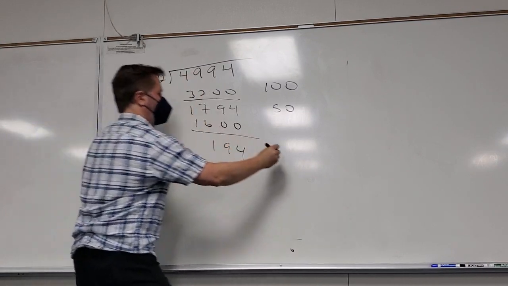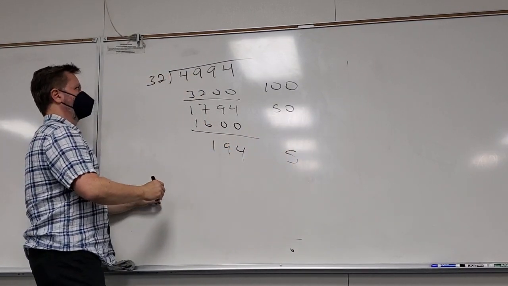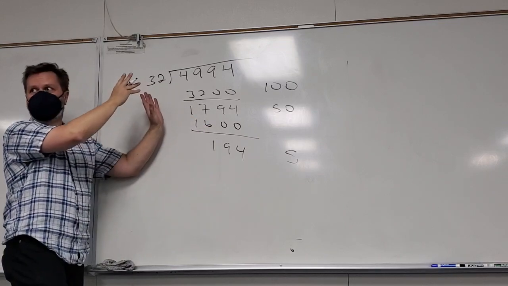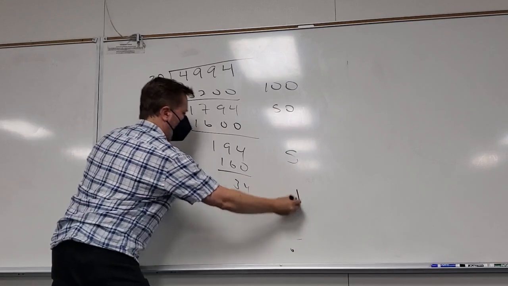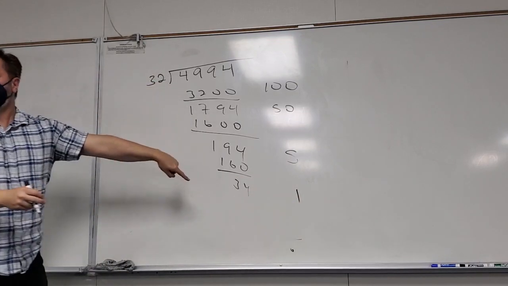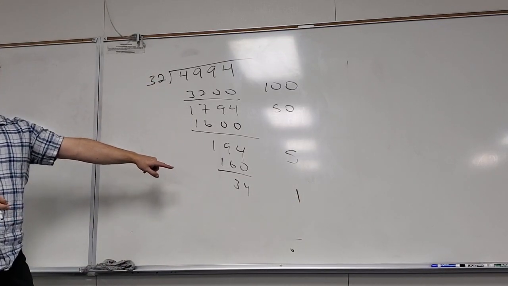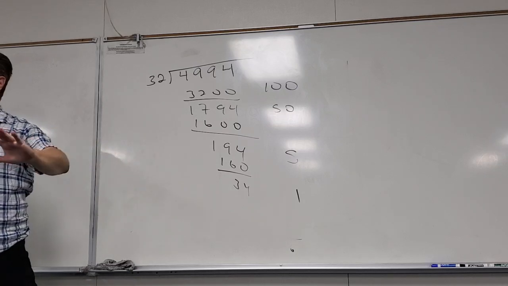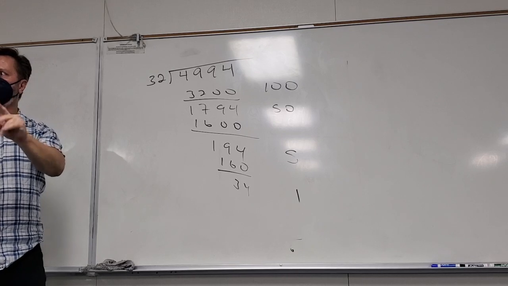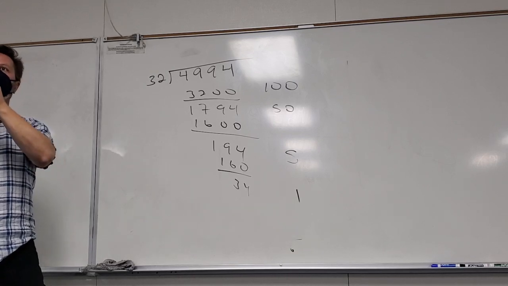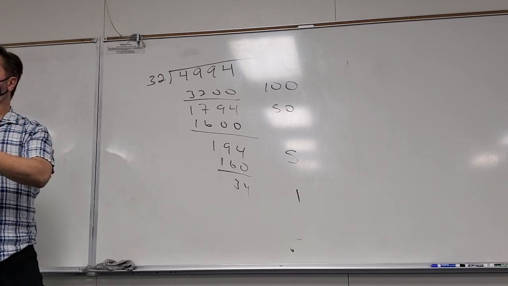So like 5. Let's do 5. All right, 5 will be 160. Yes? And that's 34. So isn't that 132? Yeah. I don't know if you guys are with me. It's a little weird, right? You're not used to this, but I really want this. We're kind of subtracting a bunch in each step.